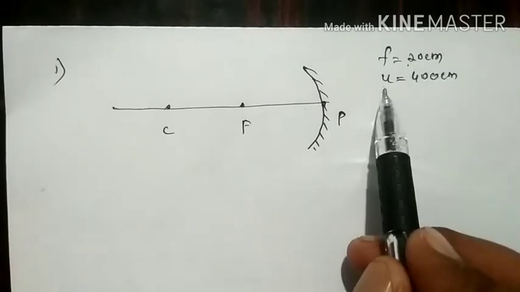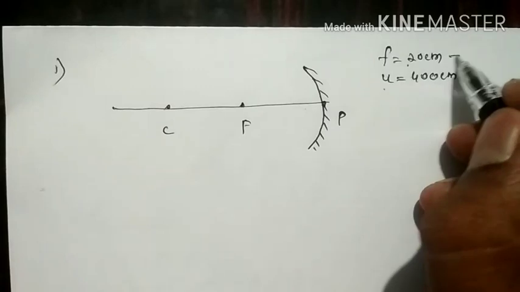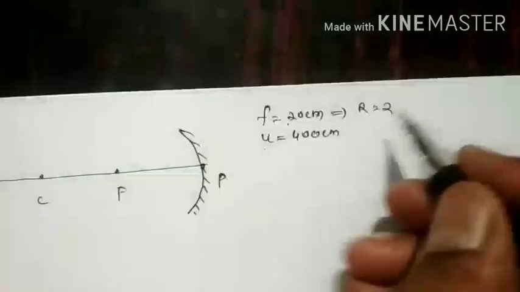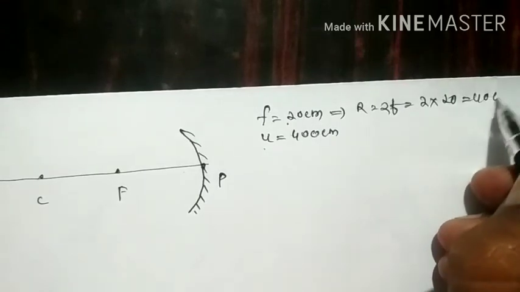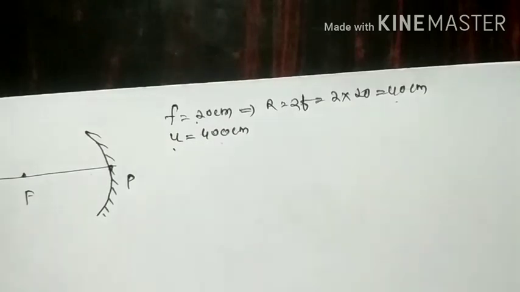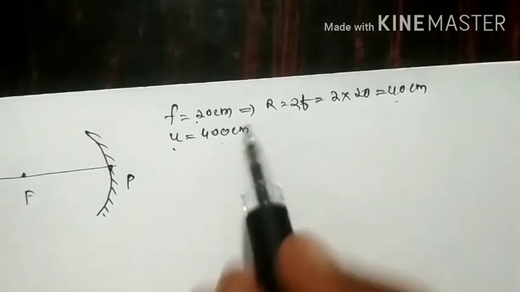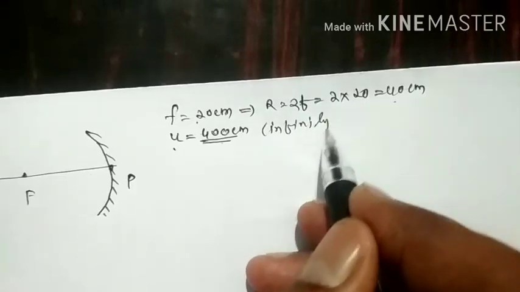All the distances are compared with the radius of curvature or focal length. So whenever f is 20, r is equal to 2f, which is 2 into 20, that is 40 centimeters. So the radius of curvature is 40, whereas the object distance is 400. So almost it will be taken as at infinity.